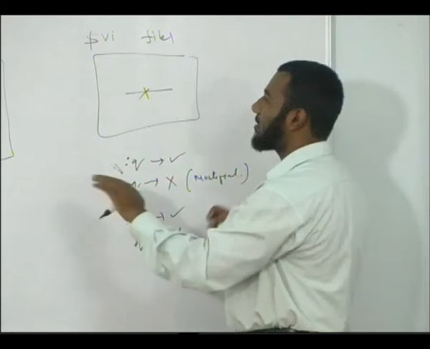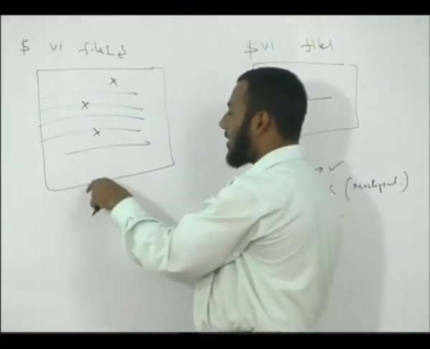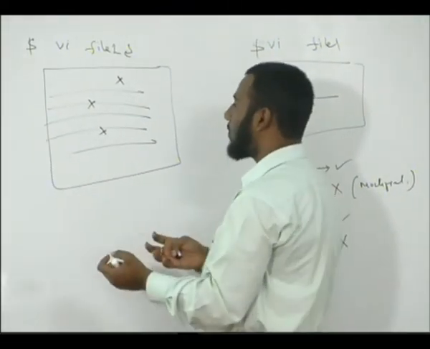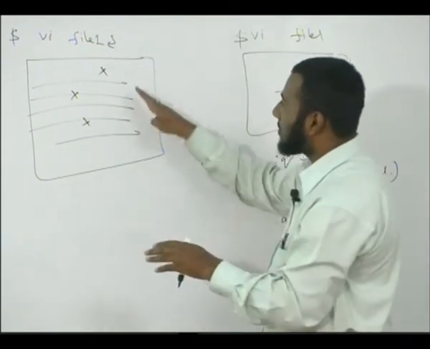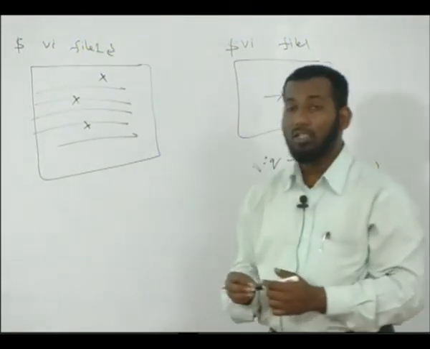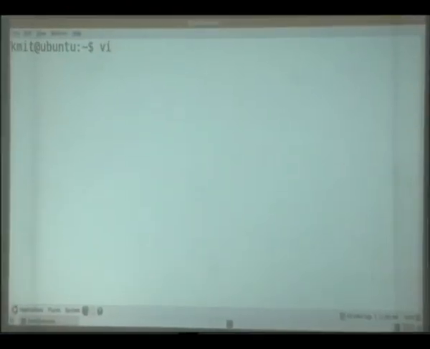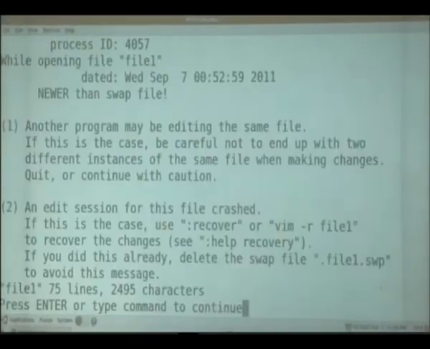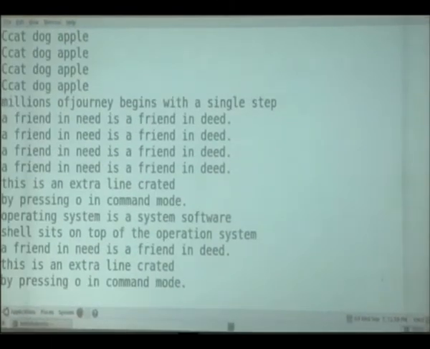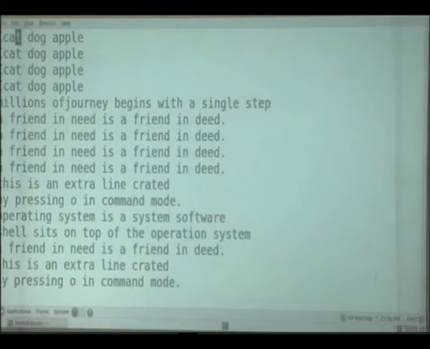Let us see the scenario where I did modifications and I want to quit from this editor, and I don't want to save these modifications. Whether q allows me or not, and what is the alternate command. So I'll go into this file1. See here, this is the file1, and I did all navigation.